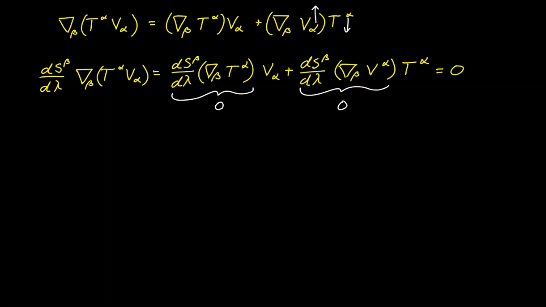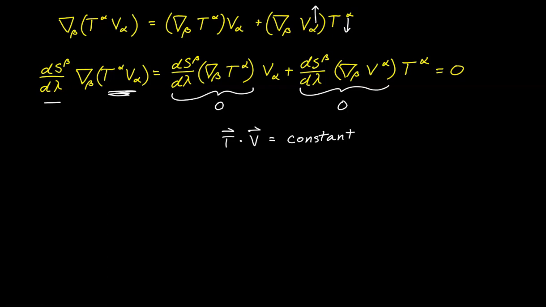Now that in turn means that this side is equal to 0, and if that's the case, then the covariant derivative of this expression right here is equal to 0, meaning that the object itself is a constant. In other words, we can say this, that the contraction of T alpha and V alpha is a constant, and that's just the vector component form of a dot product. And that means that our vector T dotted with vector V is a constant.